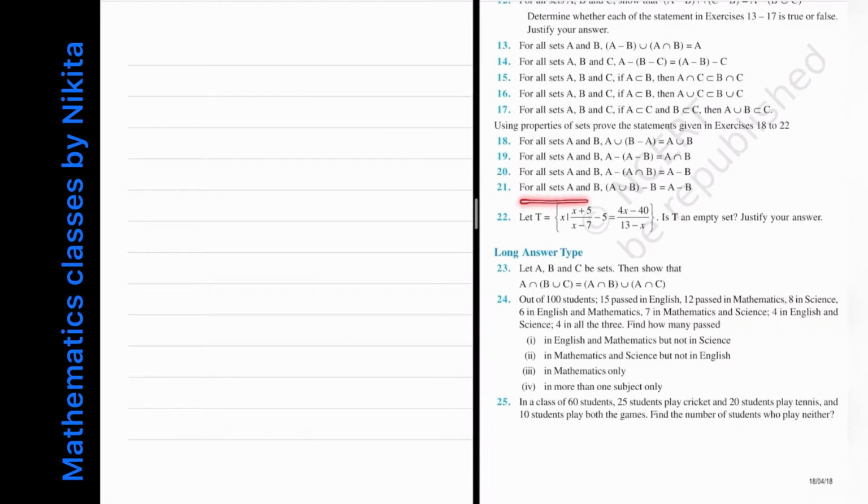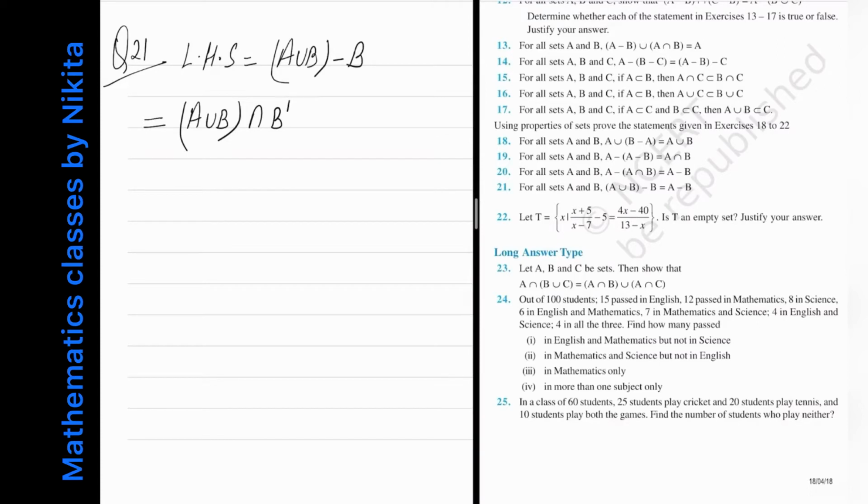For all sets A and B, (A union B) minus B is equal to A minus B. So question number 21, LHS is given to be (A union B) minus B, and you have to prove that this is equal to A minus B. First of all, this is equal to (A union B) intersection with B complement.